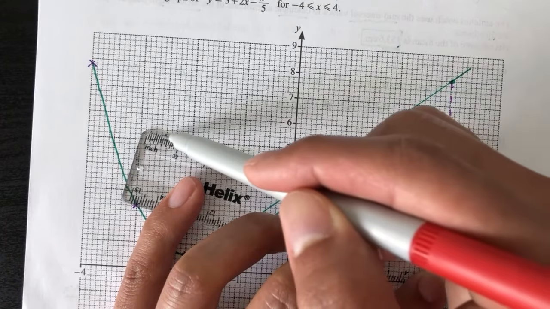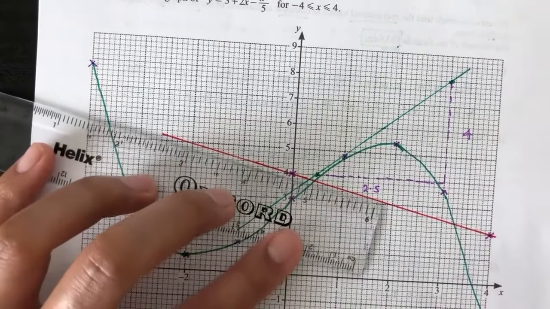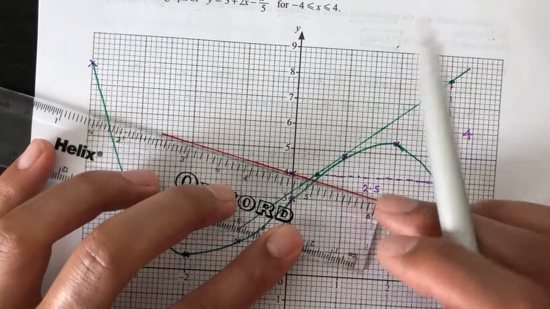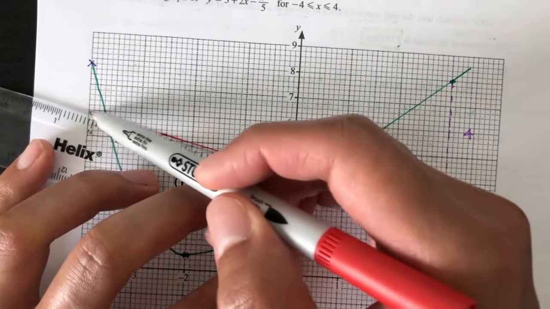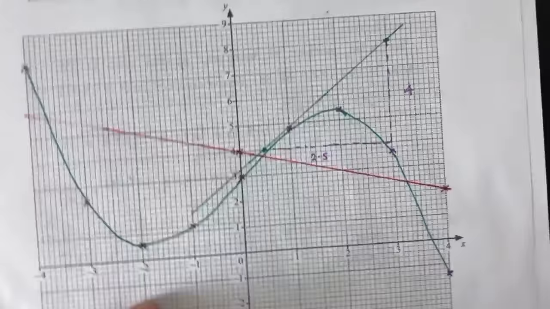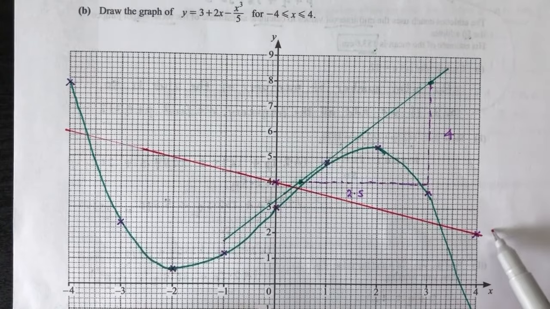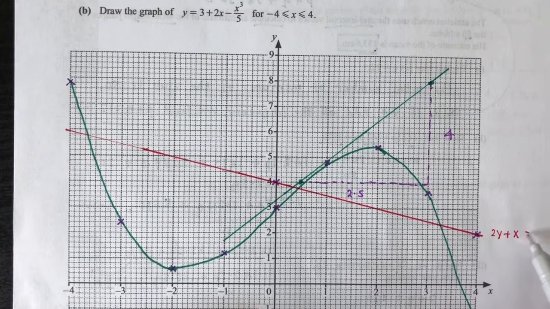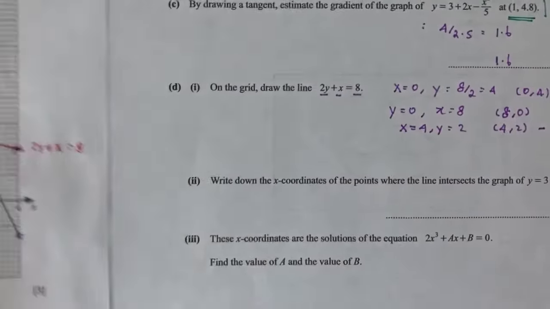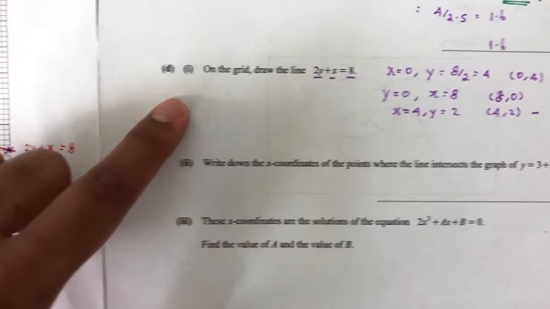That's the first line. Let's extend the line so we can cut both sides of the curve. Okay, so now let's label the line. The line equation is 2y plus x equal to 8. So that is the line 2y plus x equal to 8. Okay, so part D1 is good.